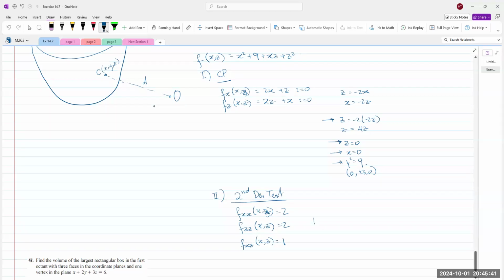Notice that the Hessian for any coordinate xz will be 2 times 2 minus 1 squared, which is always positive, where f sub xx is positive. So at (0, plus or minus 3, 0), that will be a local minimum. Okay, that's the closest coordinates.